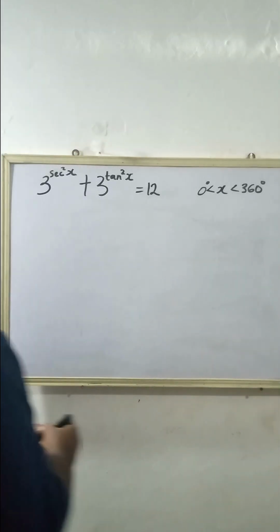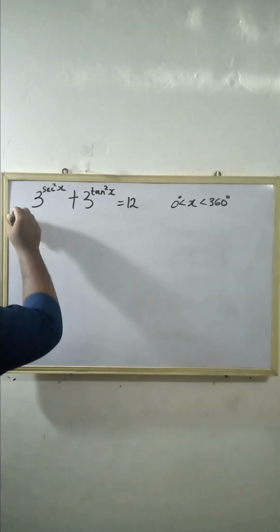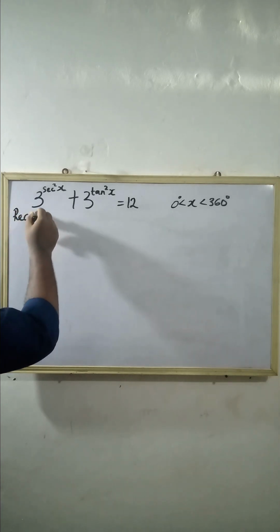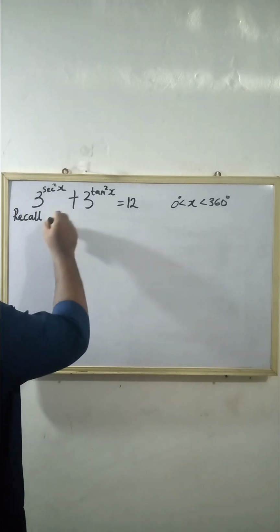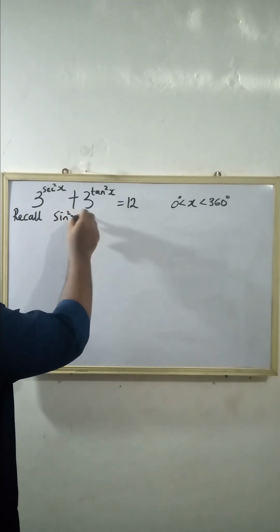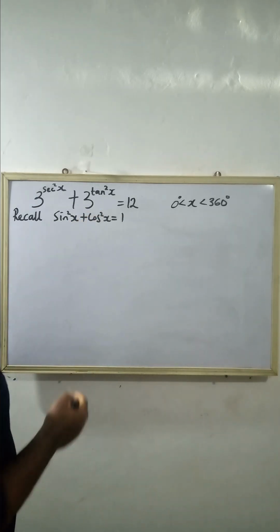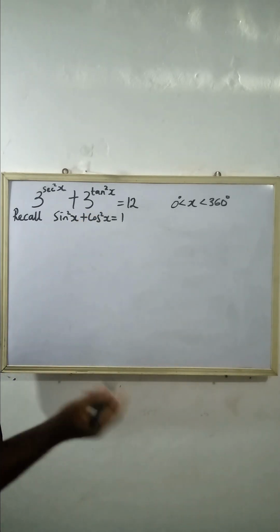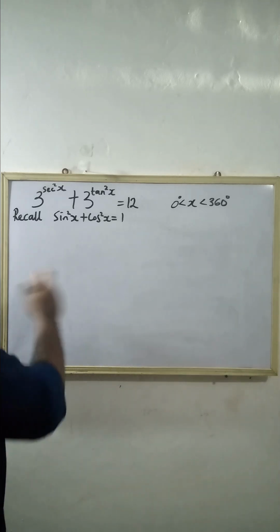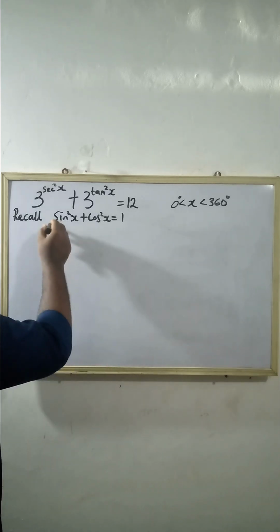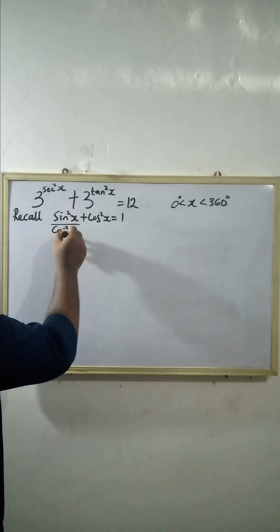Solution. We recall this trig identity that says that sine squared x plus cos squared x is always equal to 1. If that is true, which we know that it is, I can divide through by cos squared x.